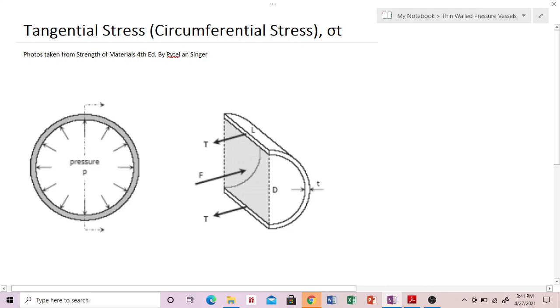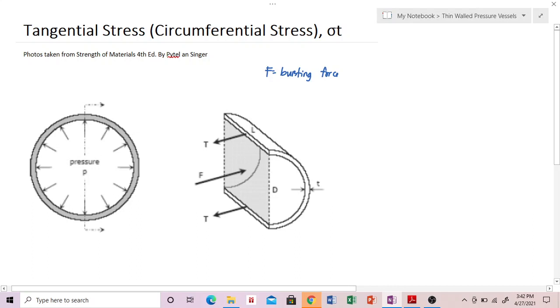Let F be the bursting force. Kunin natin kung ano yung value ng F. Ano ba yung F? Kasi dito, class, uniformly distributed, so wala pa yung concentrated load.